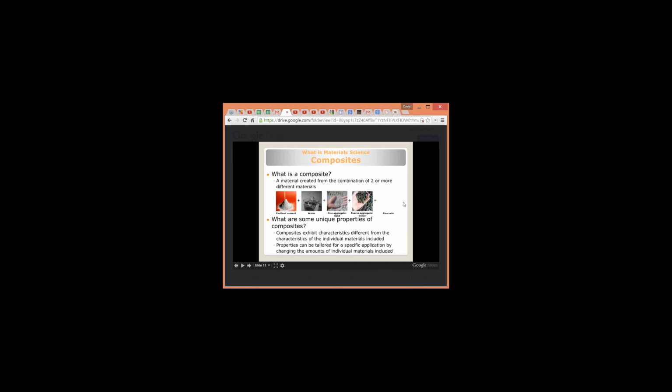And I'm not sure if that was the best example, but if you think about that concrete, if you add in the big rocks for structural support, that's one thing. But then you can add in steel rebar, and you've created a composite with the rebar, that metal running through the material.